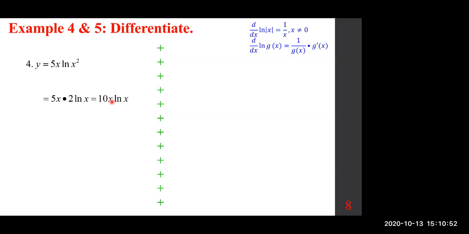Product of 10x and ln x. 10x gives us 10 times ln x plus, let me just put this raised dot in between.